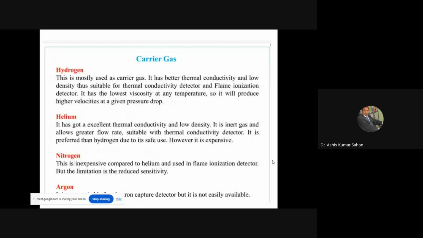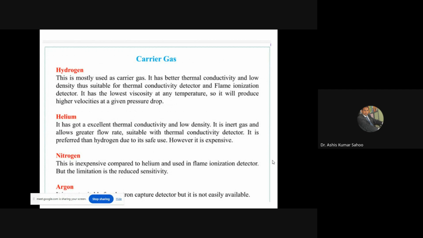Carrier gas. The carrier gases are hydrogen, helium, nitrogen, and argon. These are the mostly used carrier gases. Hydrogen has better thermal conductivity and low density, suitable for thermal conductivity detector and ionization detectors. Helium has excellent thermal conductivity and low density.